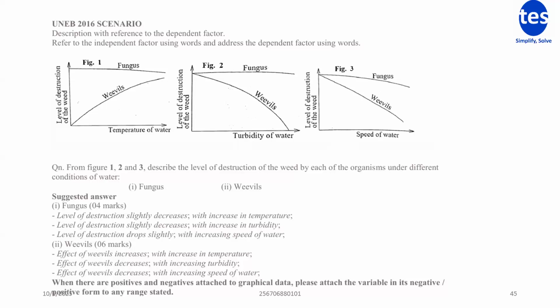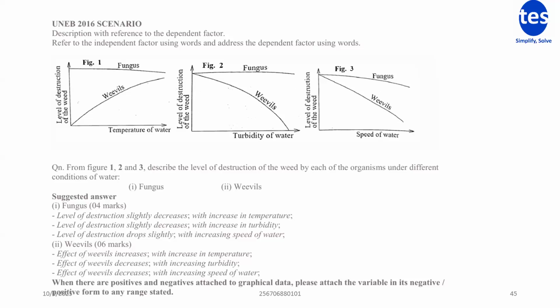In figure 1 of fungus, we could say level of destruction slightly decreases. Okay? Here they use the word slightly, but remember I've said that for us we use gradual. So here you could say level of destruction gradually increases with increase in temperature.